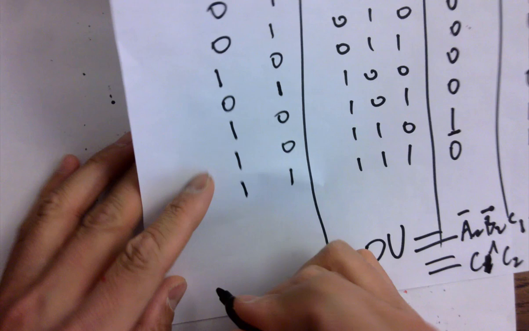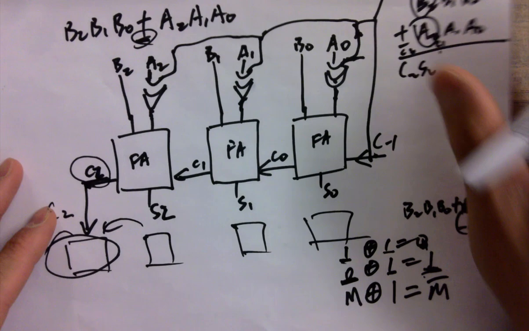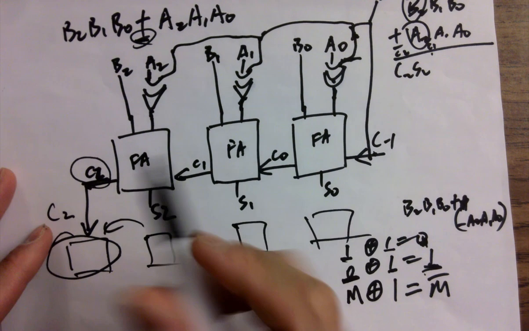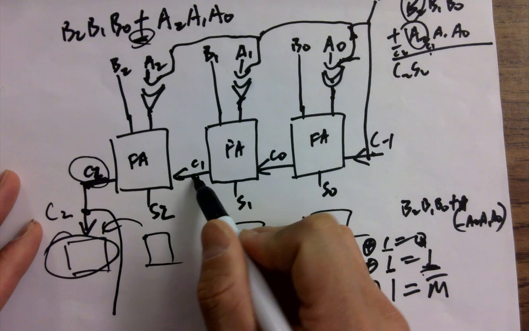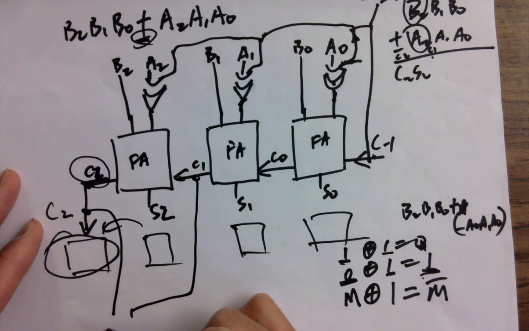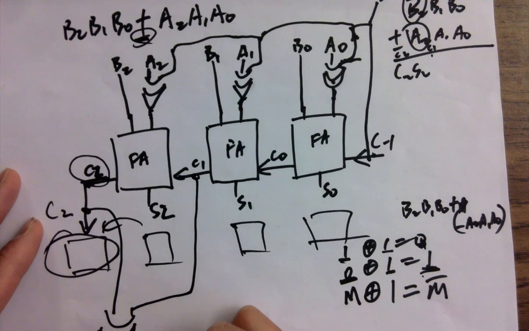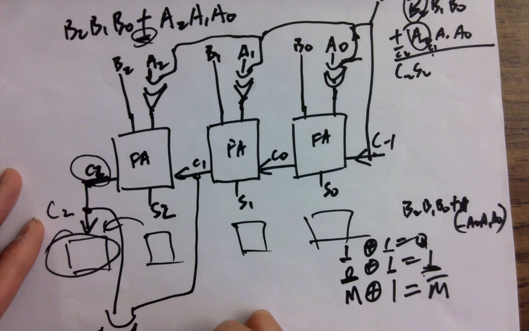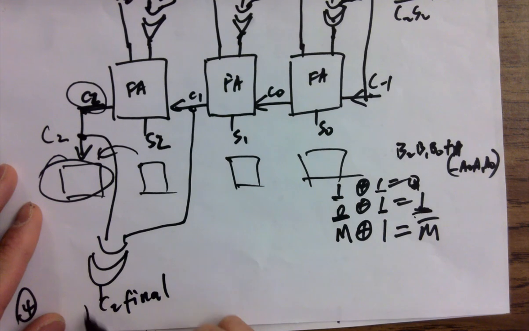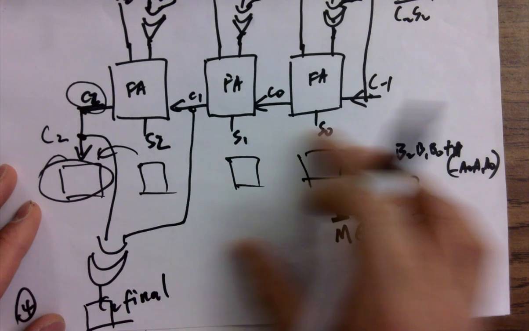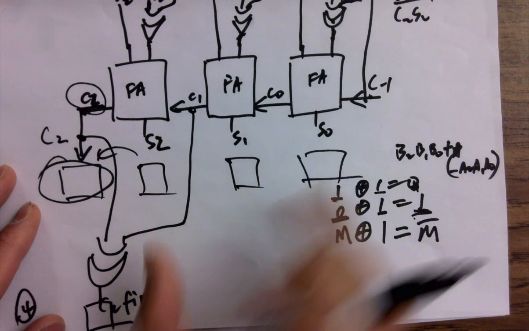In that case, you can easily do this. And you use this bit to form a 4-bit binary number with all the rest, and with this guy.